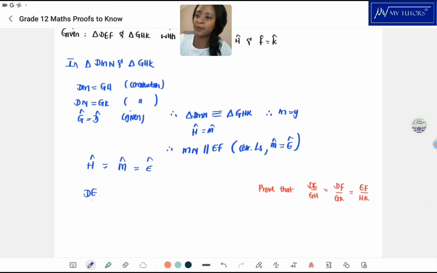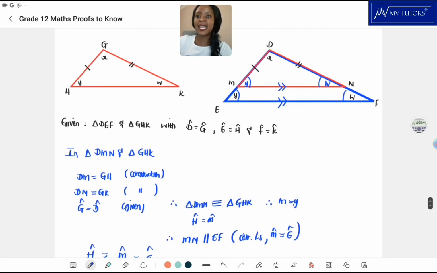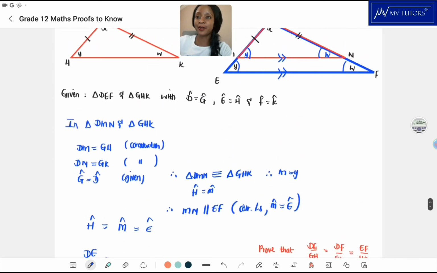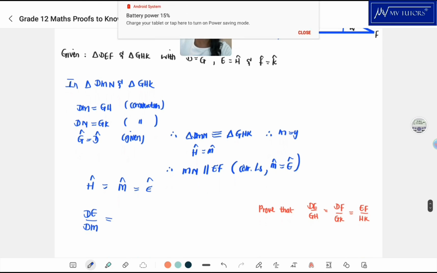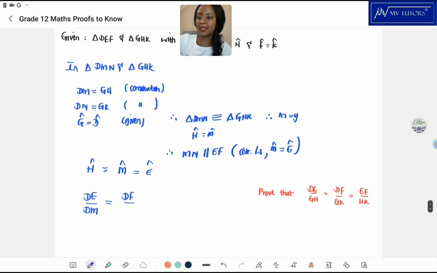So DE over DM is actually equal to DF over DN. So currently we have this portion over here, DE, and we have DF.